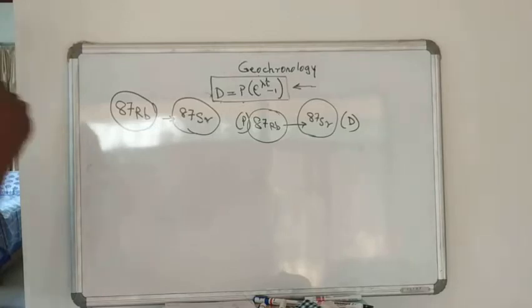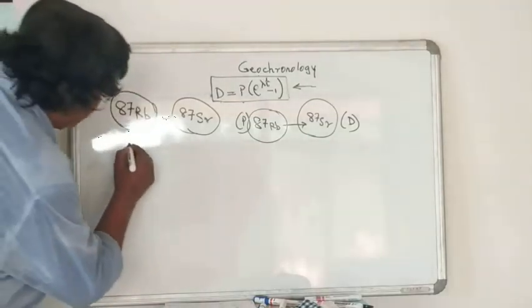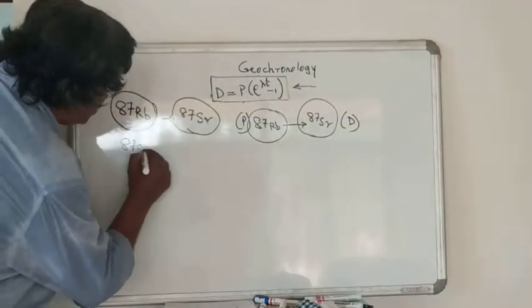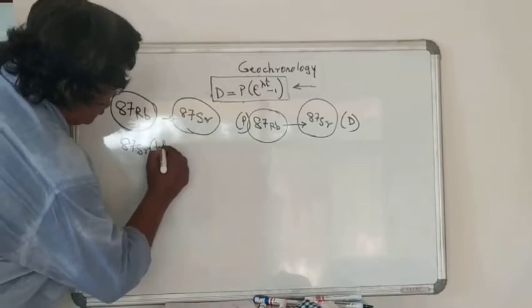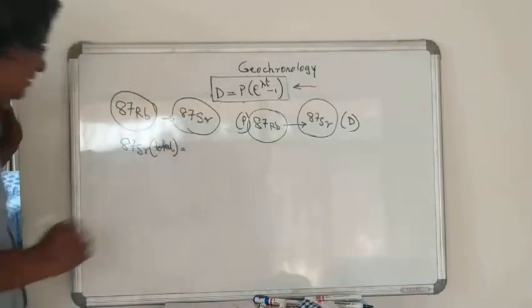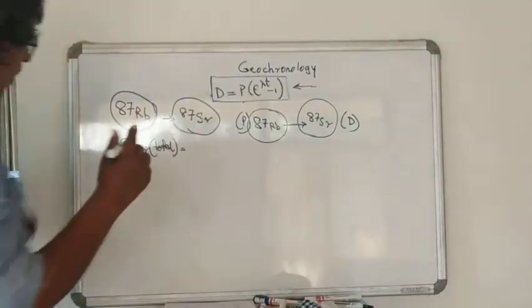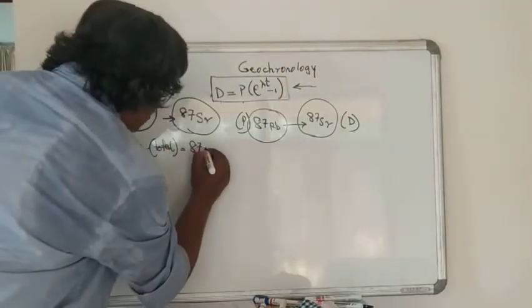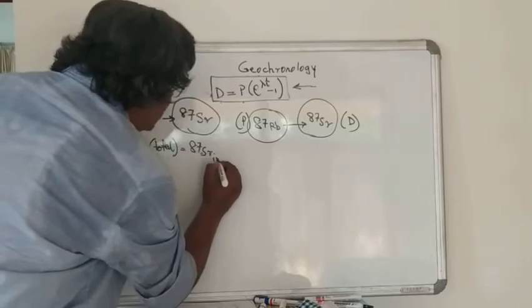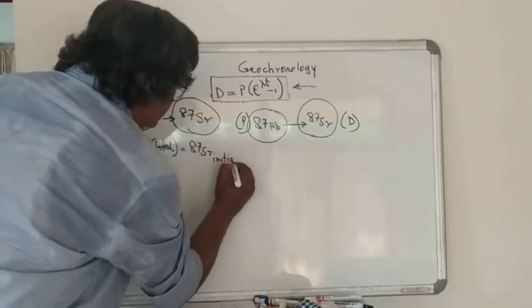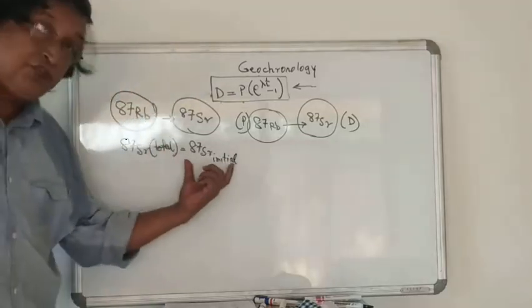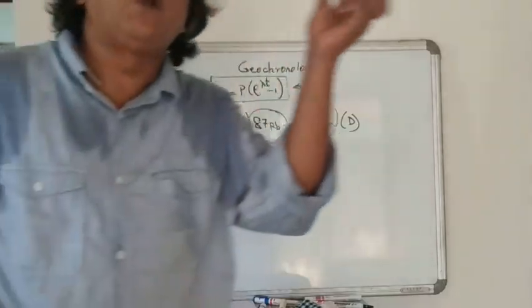So what happens in the total? If you take the 87 strontium as total, then there were two 87 strontiums. One was 87 strontium initial.